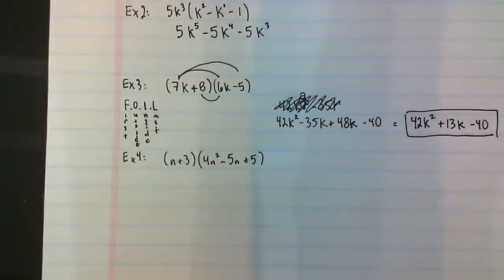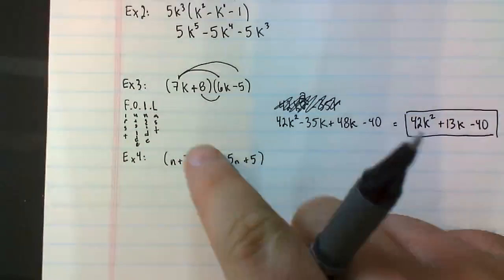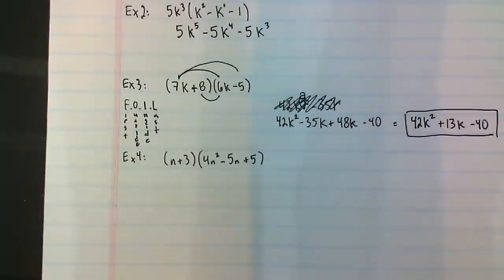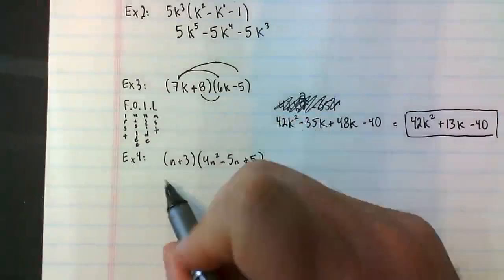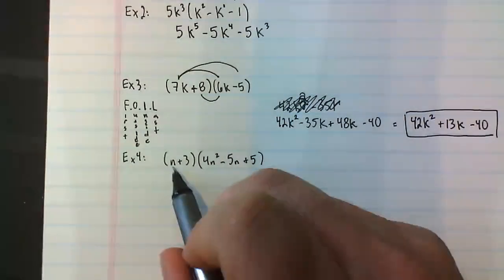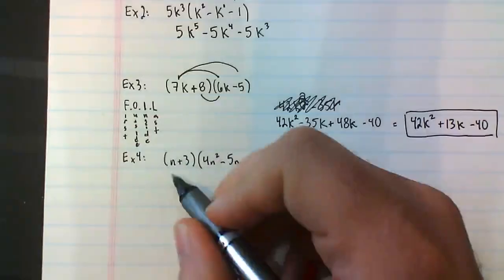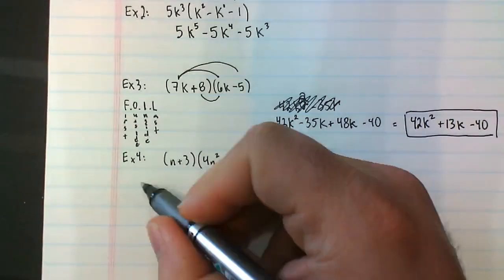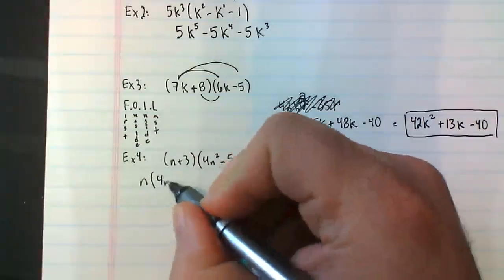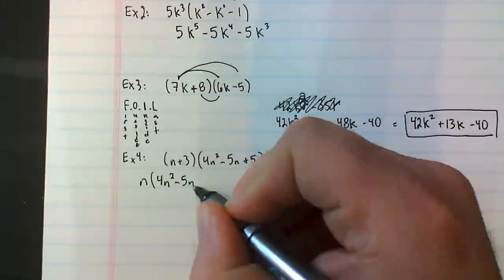So plus 3 times 4n squared minus 5n plus 5. So it's the distribution method for all of that, like we learned up in example 2. And we just distribute all of that through, and we combine like terms at the end.